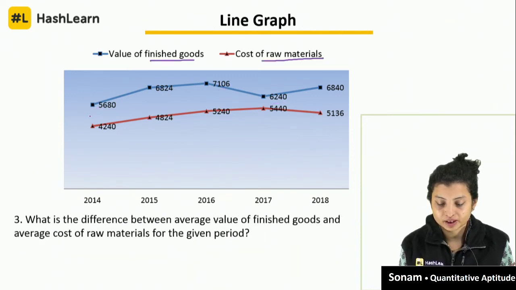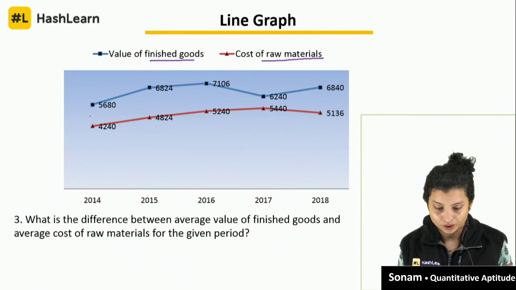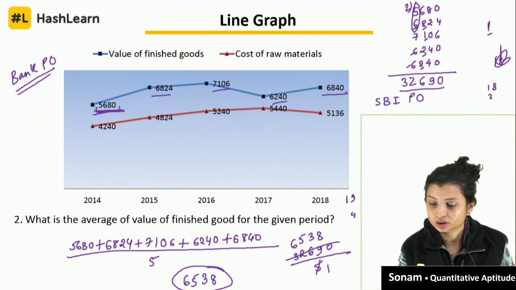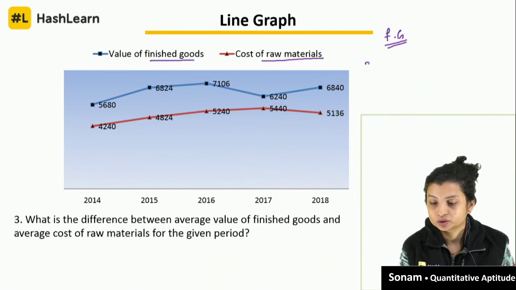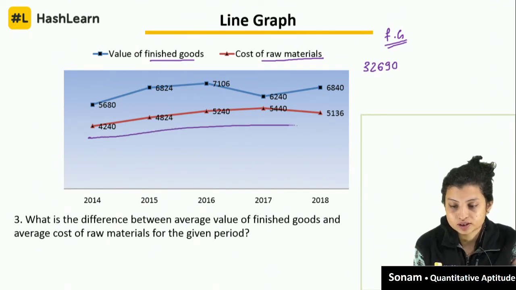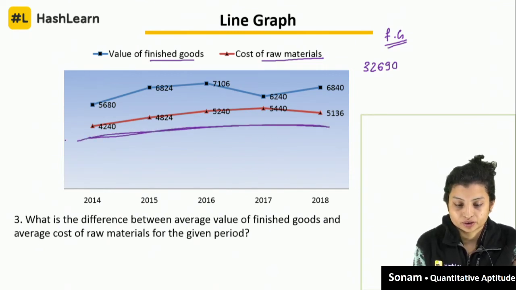What is the difference between the average value of the finished goods and the average cost of the raw material of the given period? So we have already done the addition for the value of the finished good. How much is the total coming out? 32690. Similarly, we will add all the cost of the raw material.